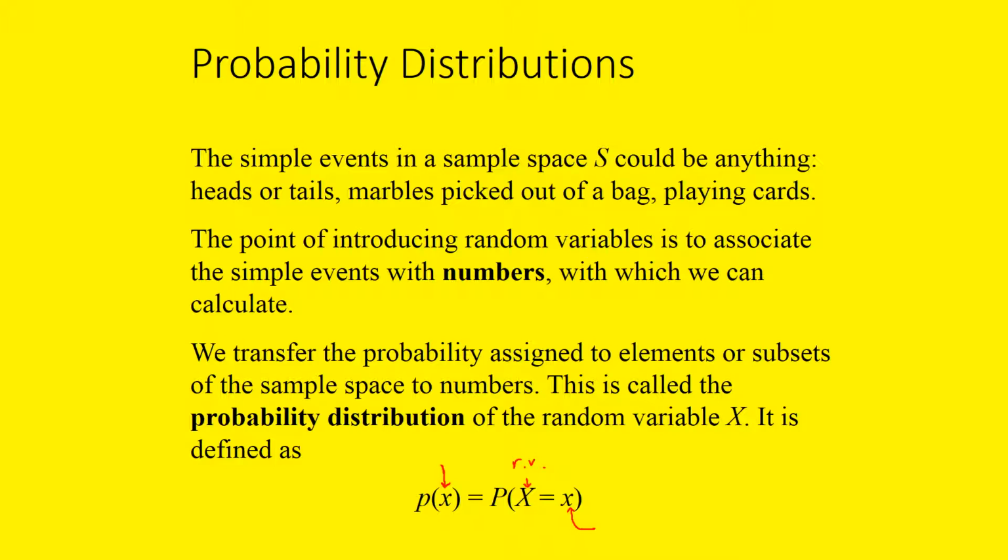Little x is a particular value of big X, where big X is the random variable itself. And so here's your X and here's your Y.